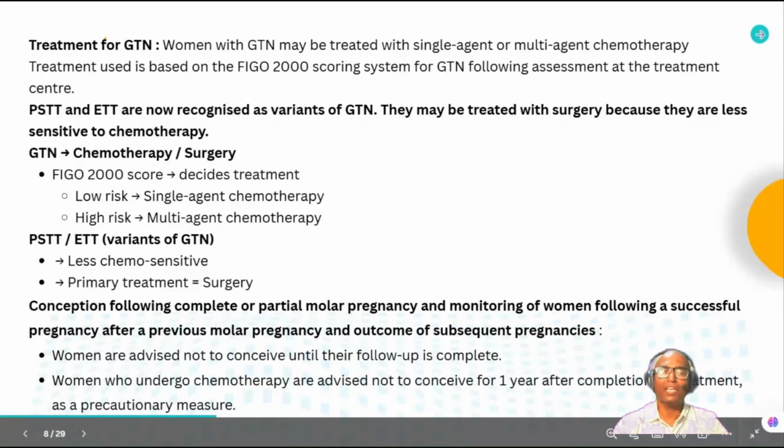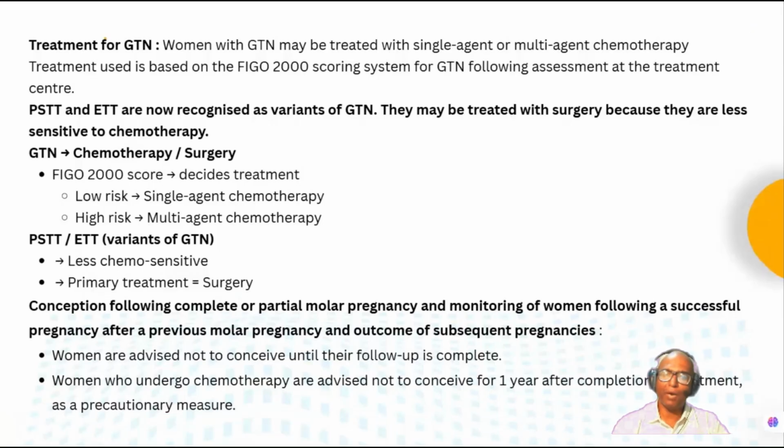Then the guideline talks about conception following complete or partial molar pregnancy, monitoring of women following successful pregnancy after previous molar pregnancy, and outcome of subsequent pregnancies. Women are advised not to conceive until their follow-up is complete. Women who undergo chemotherapy are advised not to conceive for 1 year after completion of treatment.